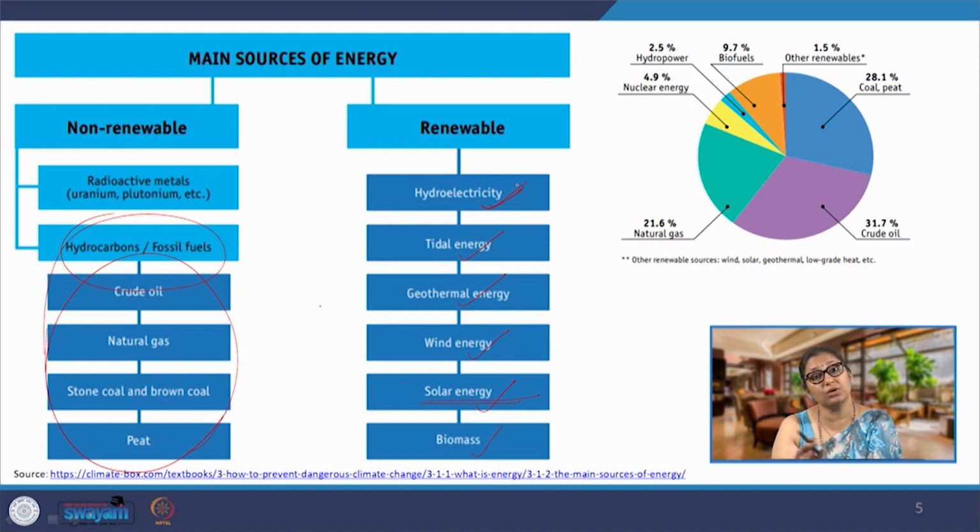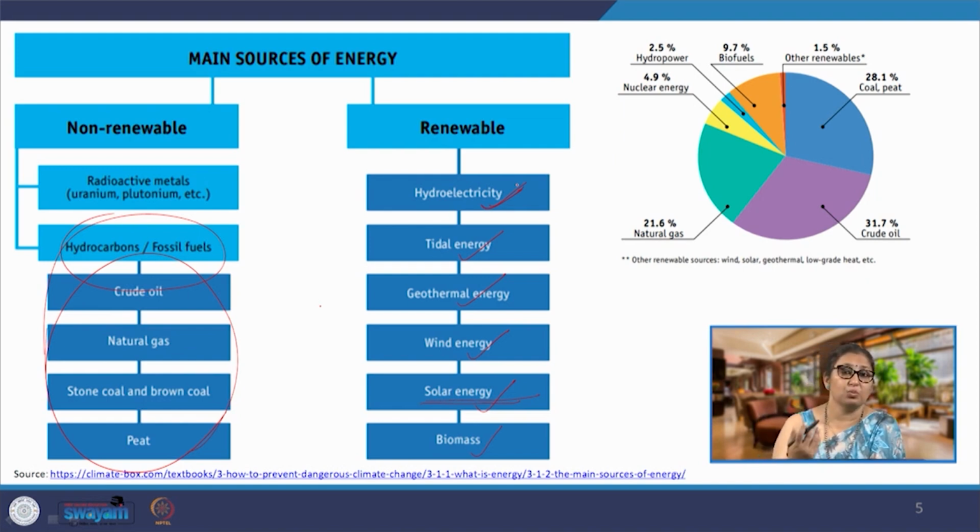Tidal energy is only in the coastal areas, oceans where significantly intense tides are coming, that is where tidal energy can be produced. Geothermal energy, again where we have an access to the heat of the ground, underground, and it can be used to heat up, to make steam and then run the turbines.